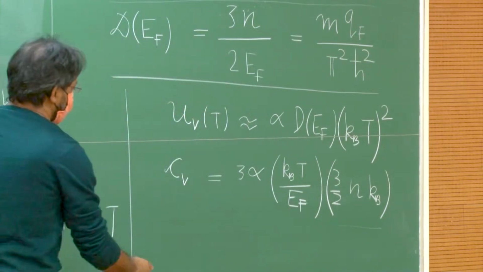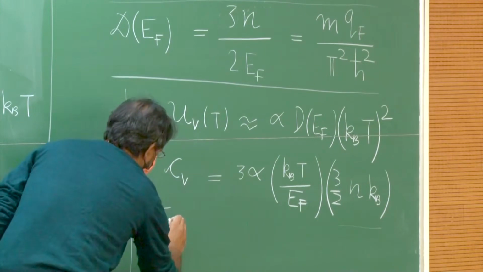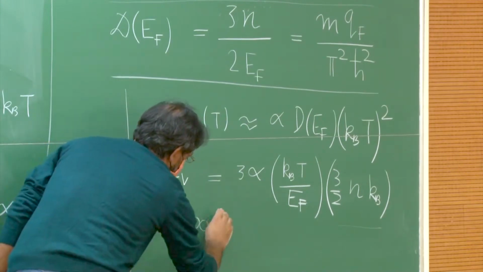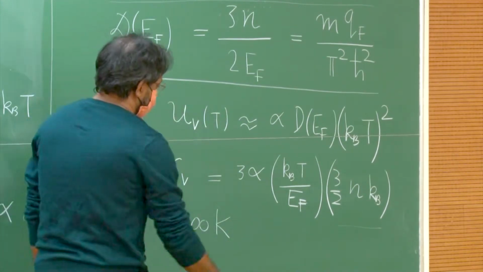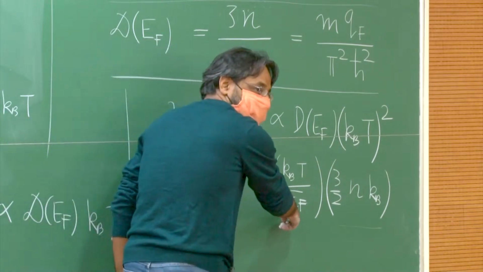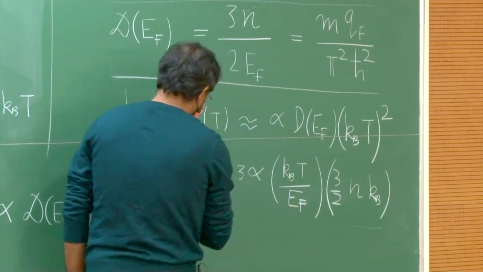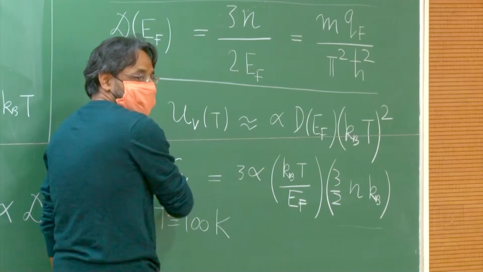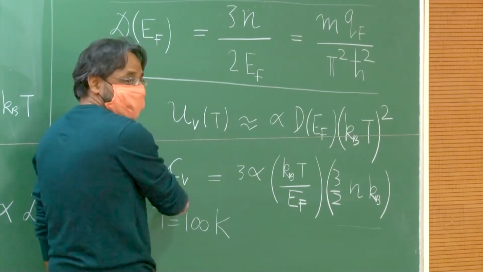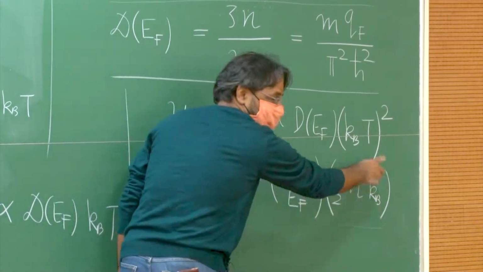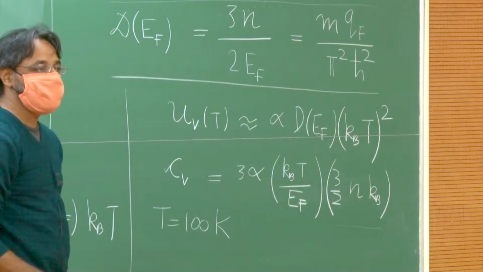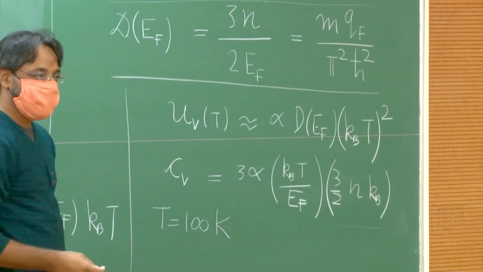So, suppose you are at a temperature T equal to 100 Kelvin, okay. Your EF is of the order of 10 to the power 4 Kelvin, right. So, therefore, your measured CV is 1/100th of this factor 3/2 n kB, which is the classical value, and which is what we wanted to prove.